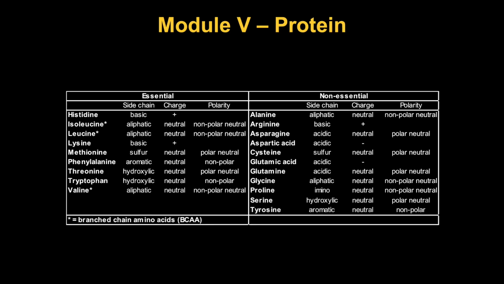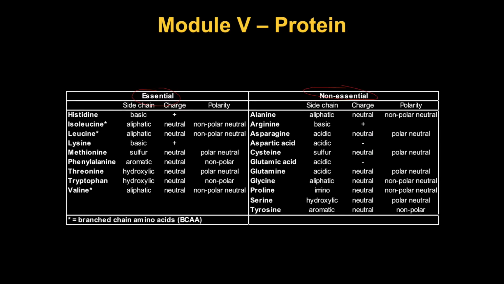So this is a table showing you how to classify amino acids based on all of the things that we just talked about. So you've got essential and non-essential. The essential amino acids we would have to ingest in order to meet our nutritional needs.